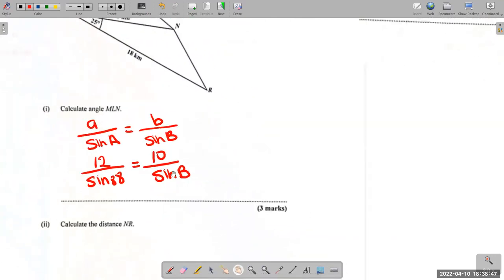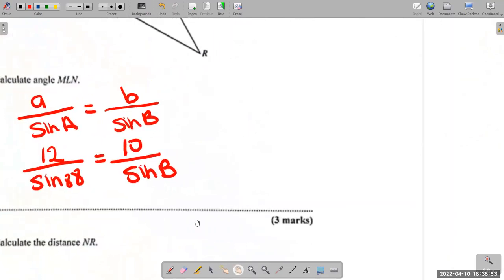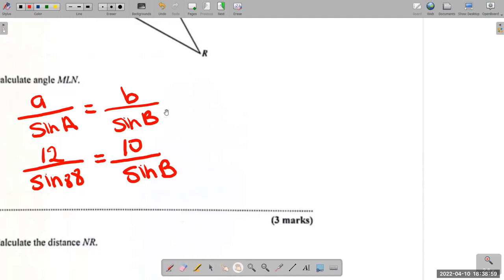Before I continue, does everybody understand how I reached this point? Let me know, because this is the easy part. From here, you should not make any mistakes, because all this is calculation. So 12 over sine 88. What is sine 88? 0.9993. I love the decimal places.